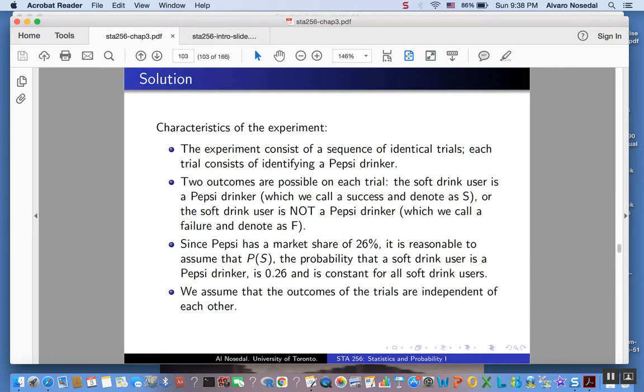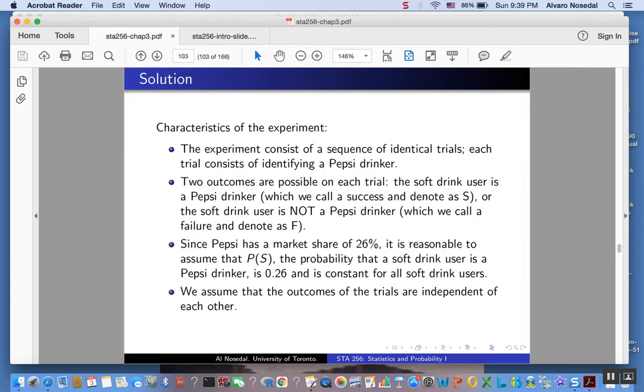Characteristics of the experiment. Note that we're going to be dealing with a sequence of identical trials, and the goal for each trial is the same: identifying a Pepsi drinker. As you can see, each of these trials has 2 possible outcomes. One is going to be labeled a success.